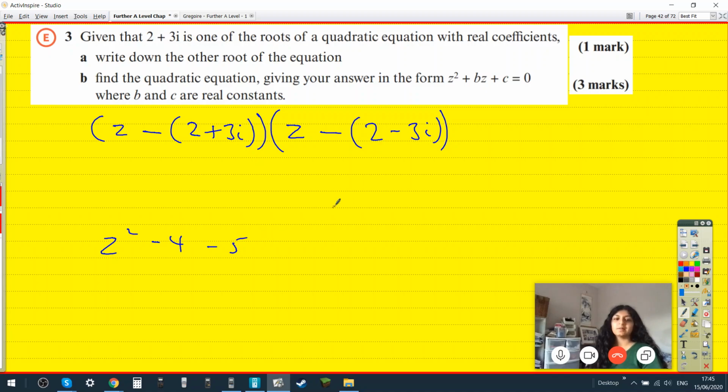Sorry, the middle one should be 4z and then minus 5. Wait, no, 4z, not 4i. Yeah, I'm getting confused. But yeah, it's equal to 0.